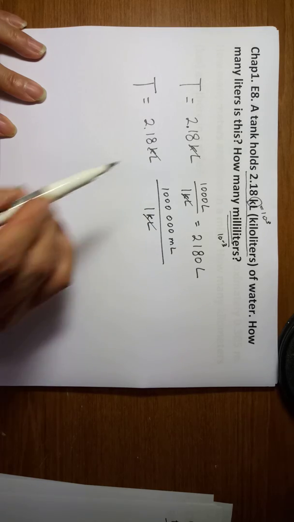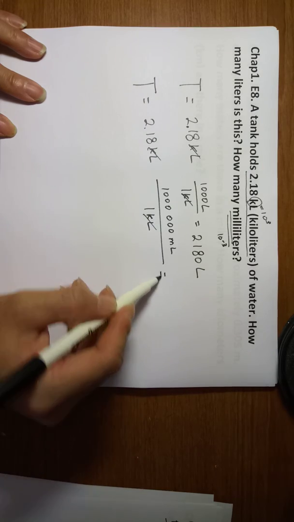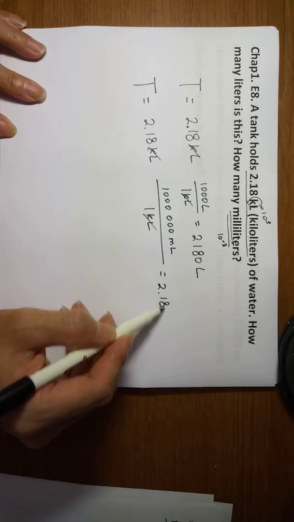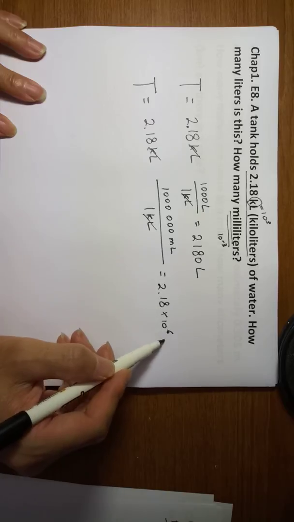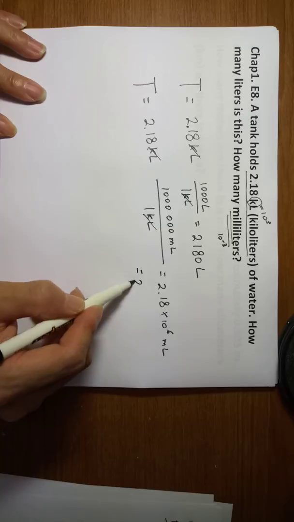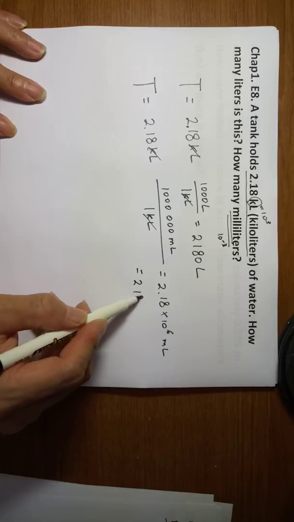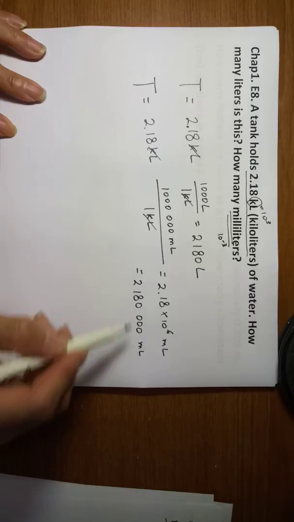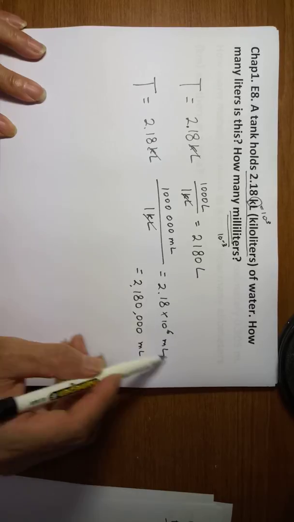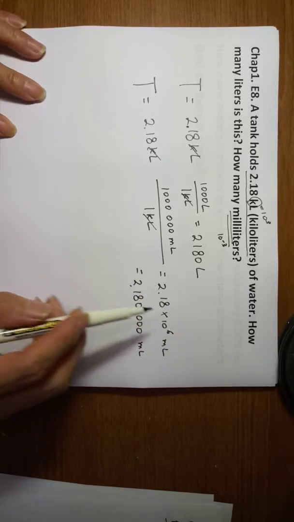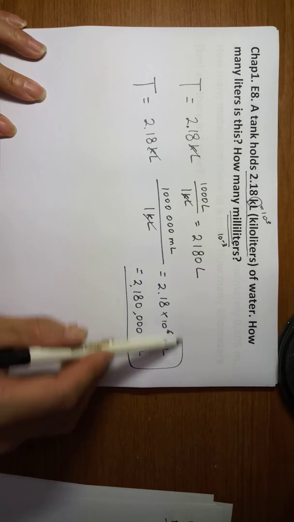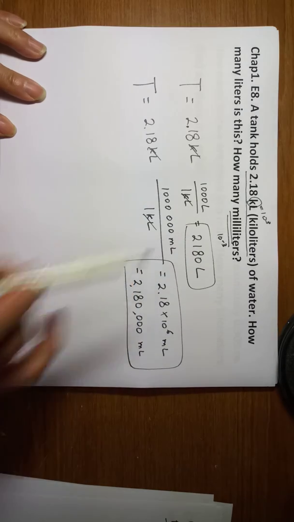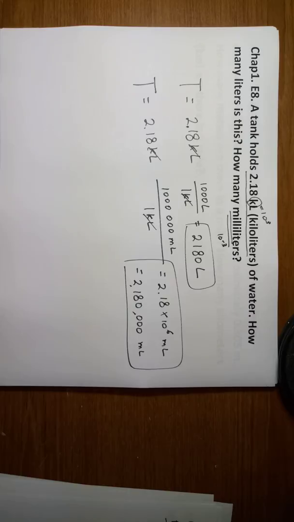Kiloliter cancels out, and then 2.18 times 10 to the power 6 milliliter, or 2,180,000 milliliter as regular numbers, or in scientific notation. So these are your answer. Okay, keep continuing to the next question.